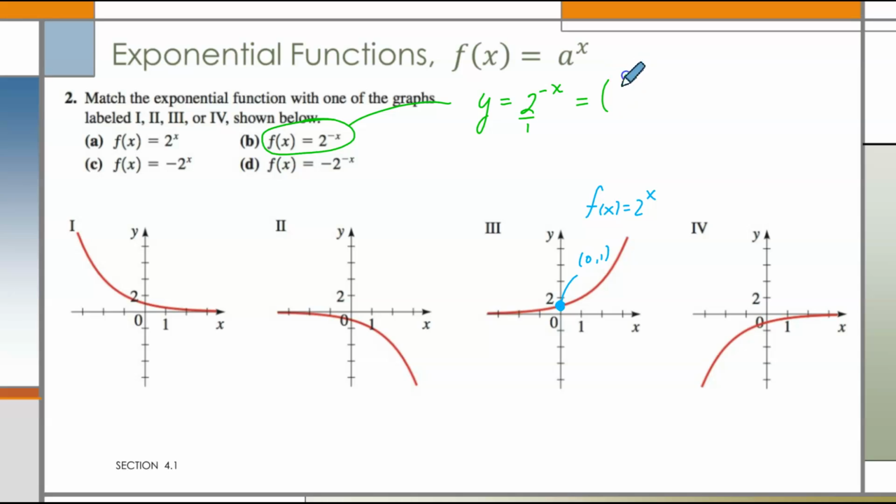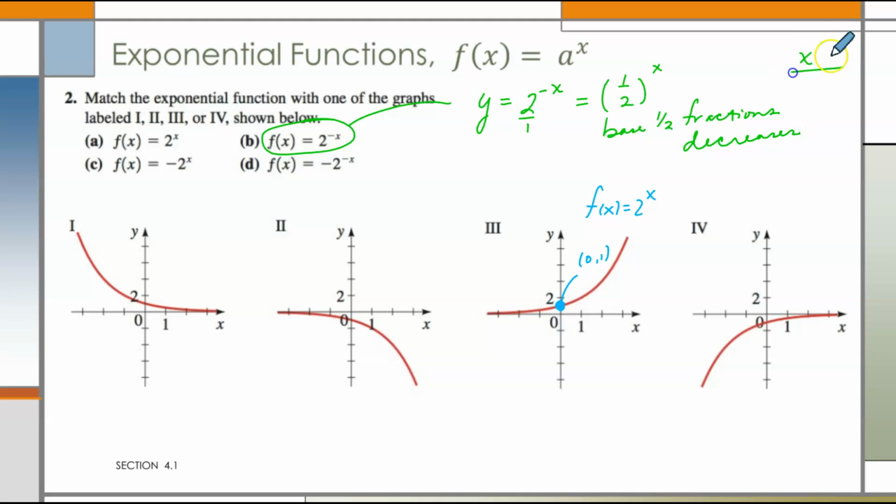This is actually 1/2 to the x power. What's our base? Base is 1/2, which is a fraction. And if we remember from basic exponential graphs, fractions as a base tell us our graph decreases.